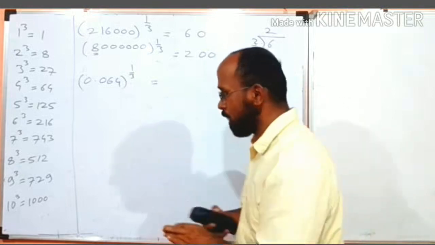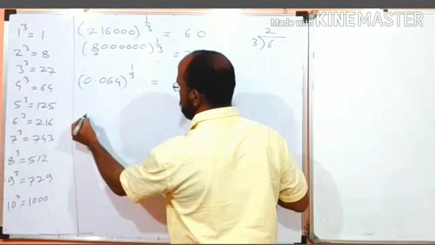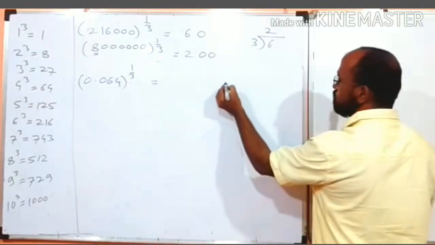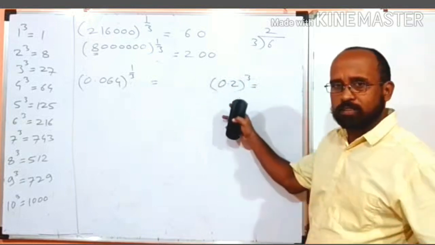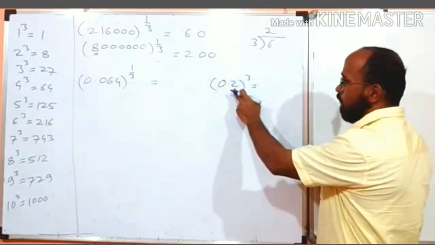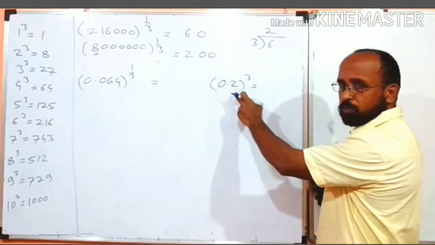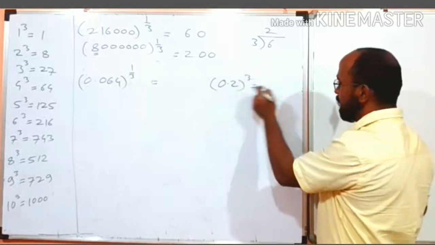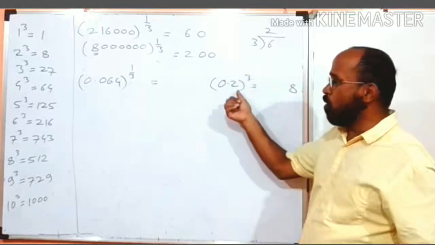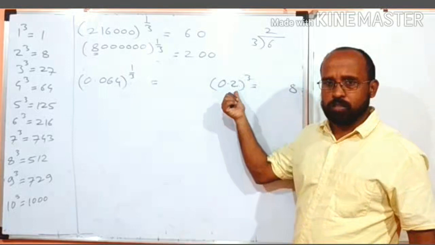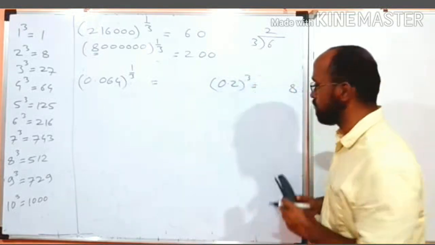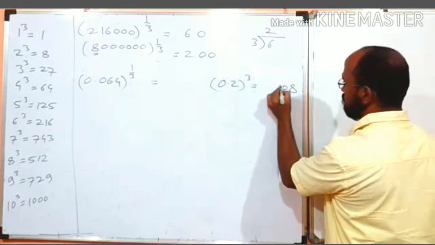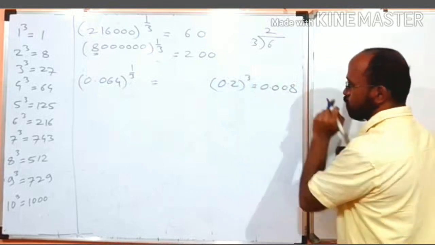For example, if we have to find the cube of 0.2, then first we have to find the cube of 2, that is 8. How many decimal digits are there in the question? 1. So in its cube there will be 3 decimal digits, 1, 2, 3. Answer is 0.008.